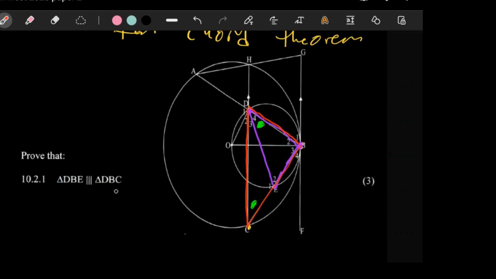Now, this question is not like that, funny enough, because if you look at where D is here, for the purple triangle, and where D is for the red triangle, those are definitely not going to be equal to each other, because for the purple triangle, DBE, the D is this green part here. For the red triangle, DBC, the D is this whole thing here.